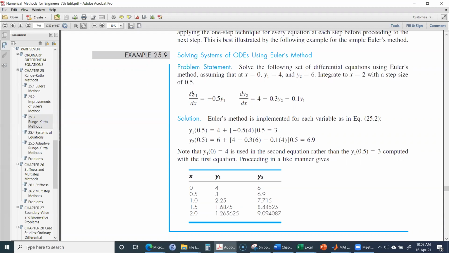The equations are dy1 over dx equal to minus 0.5 y1, and dy2 over dx equal to 4 minus 0.3 y2 minus 0.1 y1.